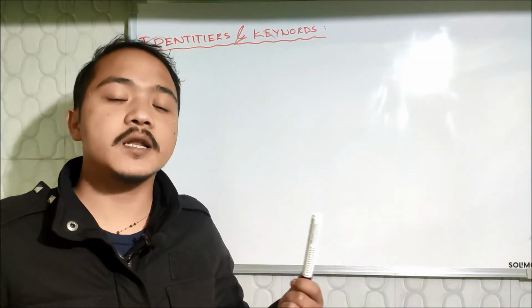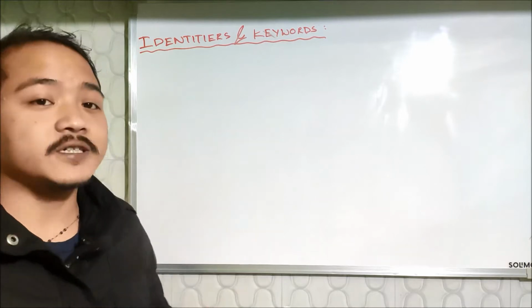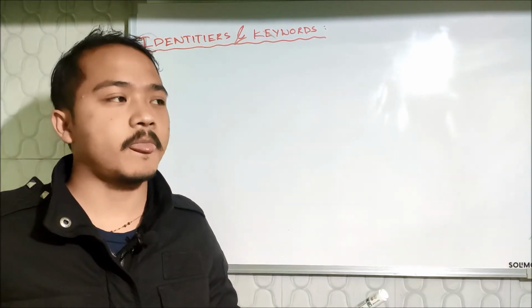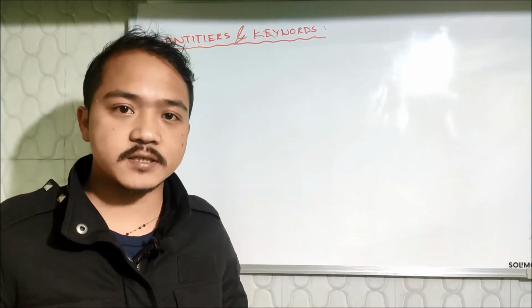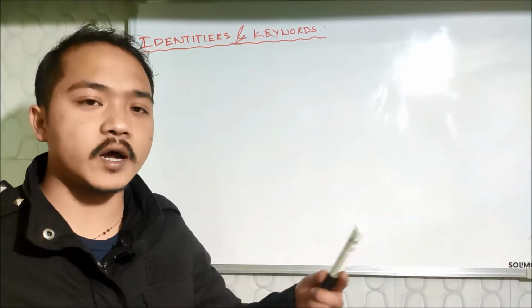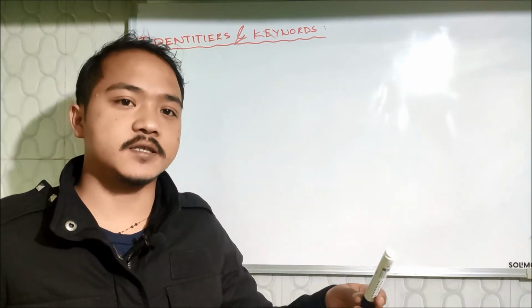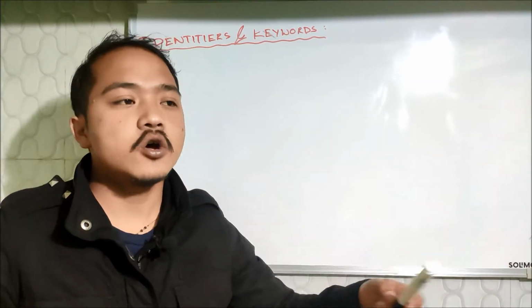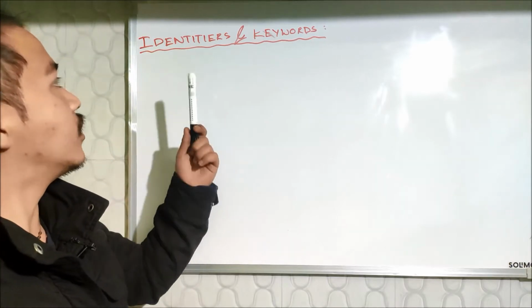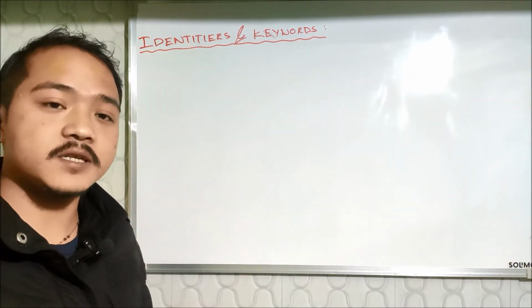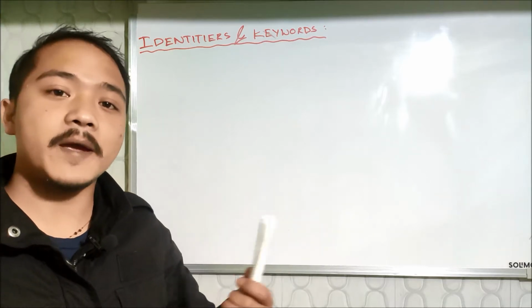Identifiers are names given to program elements such as variables, arrays, functions, etc. We will study those variables, arrays, and functions later. For now we should only know the basic term: identifiers are names given to program elements.